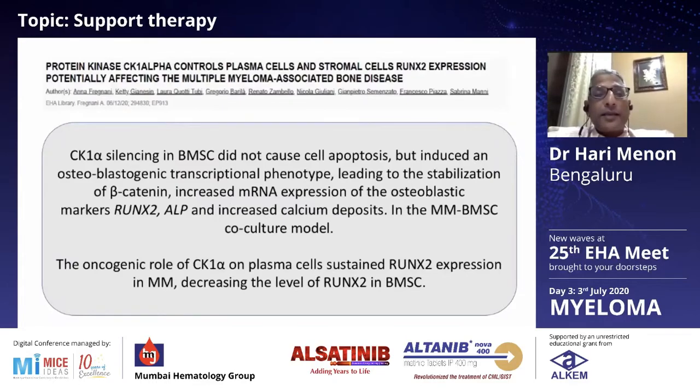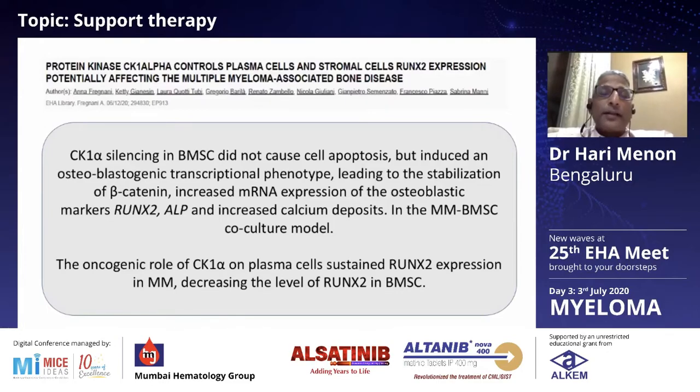The second study was on the protein kinase CK1 alpha, which controls plasma cells and stromal cells, which in turn results in RUNX2 expression, which potentially affects multiple myeloma associated bone disease. It has been identified that RUNX2 is overexpressed, and that also increases the calcium deposits.